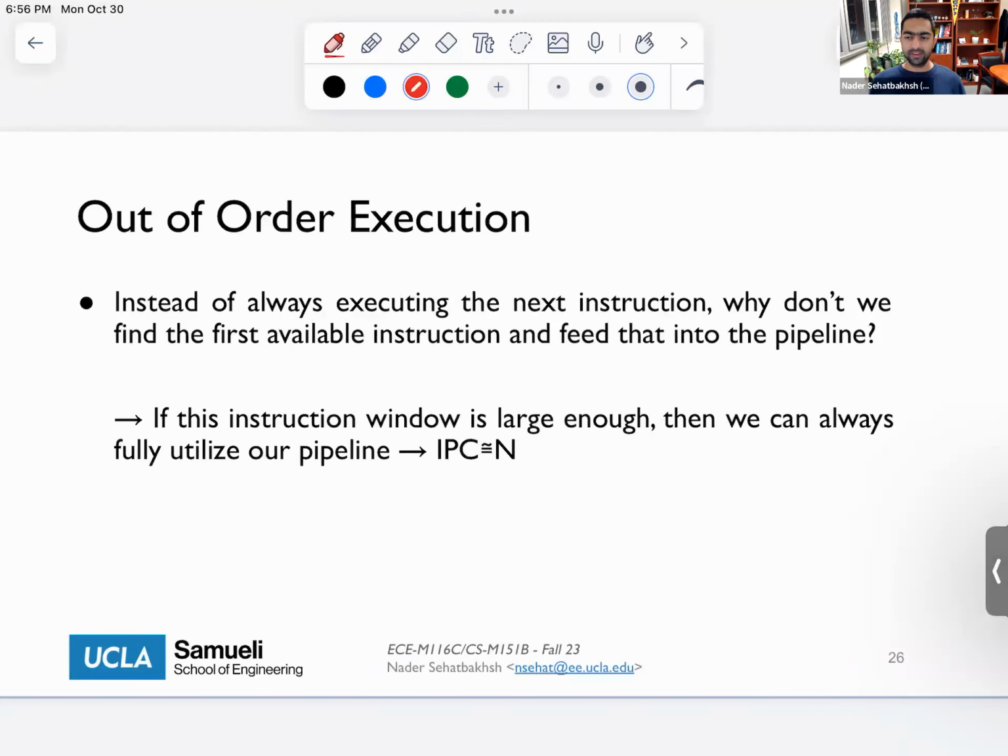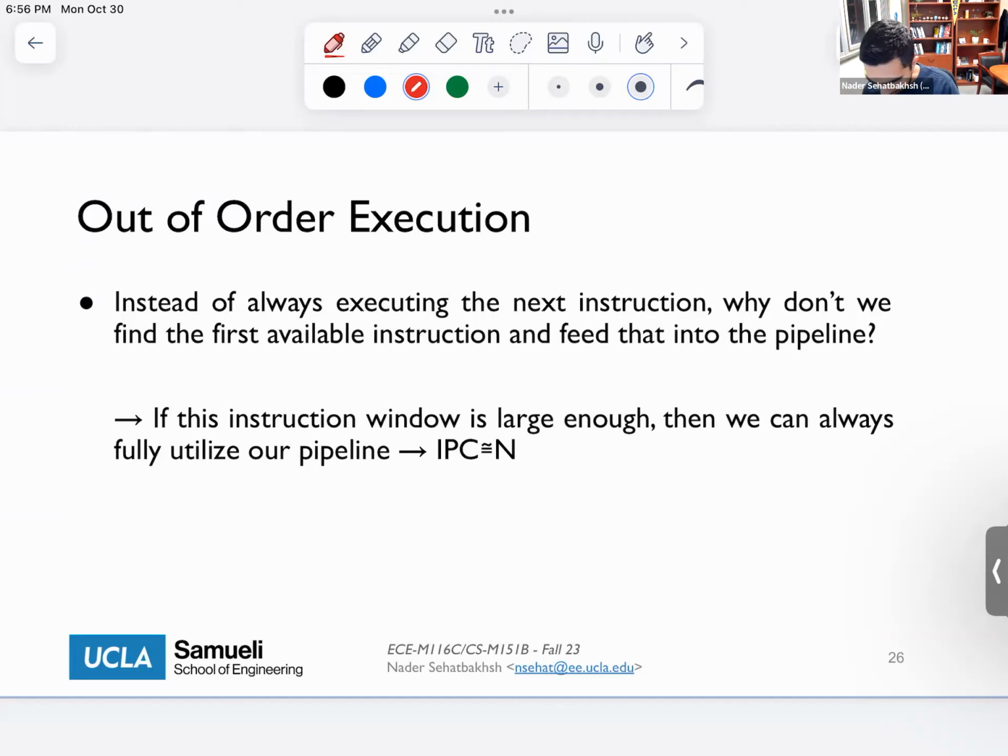We fix this issue with what we call out-of-order execution. The basic idea is that if we want to fill our pipeline processors with instructions, we can find independent instructions and then put these instructions into the pipelines.